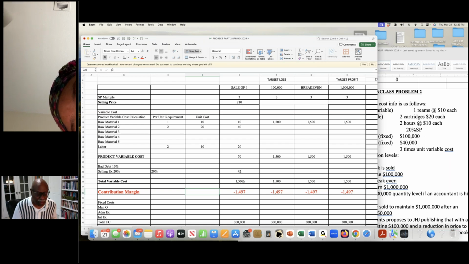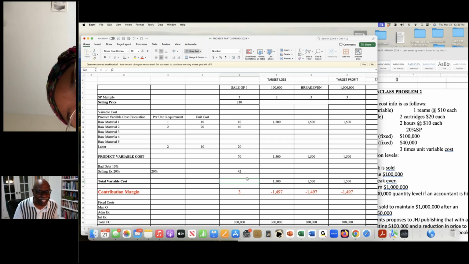Can you do that again? Okay. First thing I have to do is get the raw materials, 10 and 40, and the labor. I add these up, I got 70, okay? My selling price is going to be 3 times 70 or 210. Once I get the selling price, I can now come up with the commission rate, which is 20% of the selling price.